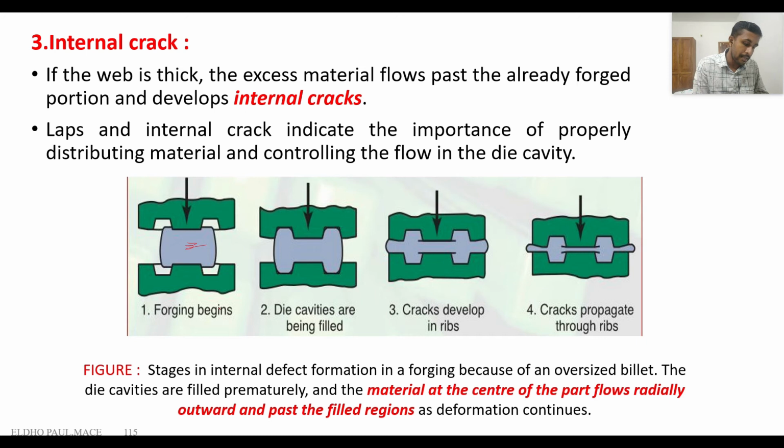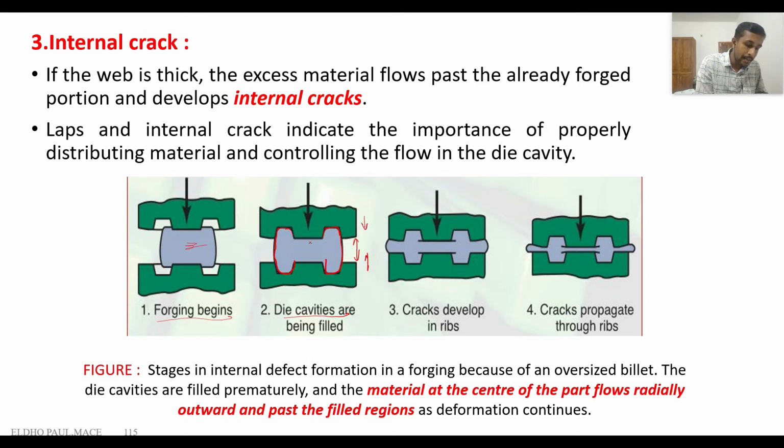In the first stage, the forging is started. In the second stage, almost the entire material is filled in the die cavity, but we can see a gap between the two dies. So again, when the two dies approach each other, what happened?